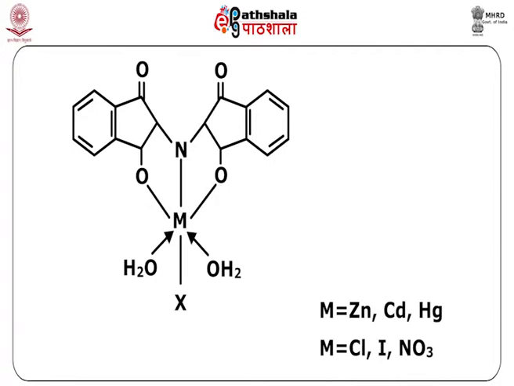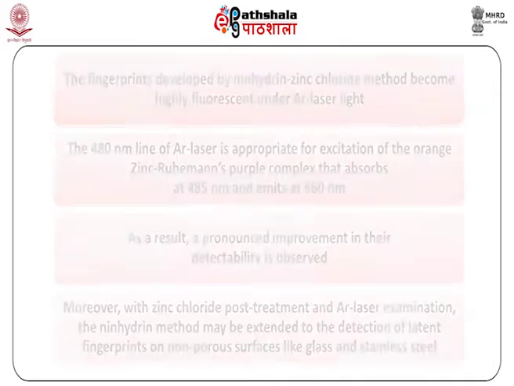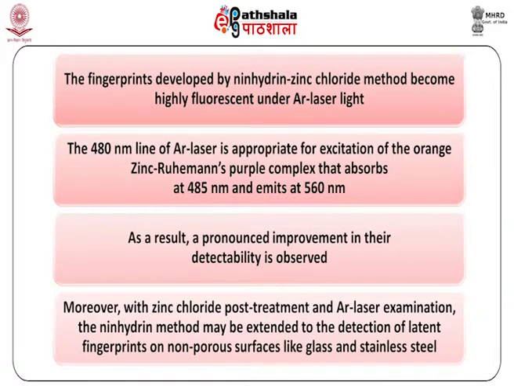12 metal salts. This interaction converts a non-fluorescent Ruhemann's purple into a photoluminescent complex. The fingerprints developed by the ninhydrin zinc chloride method become highly fluorescent under argon laser light.